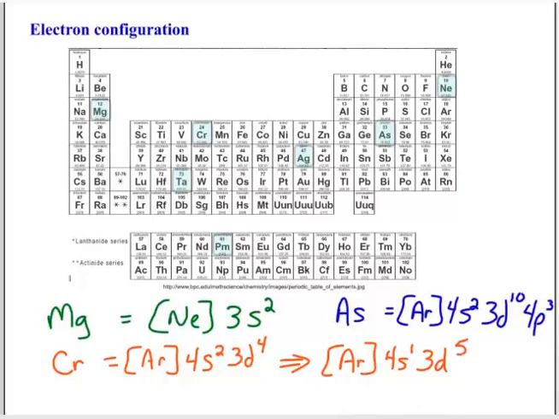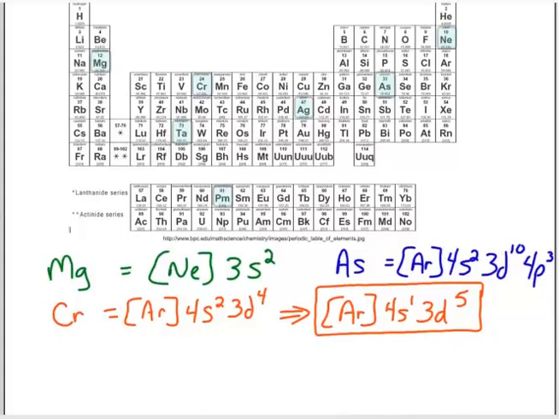So our s orbital is half-filled, our d orbital is half-filled, and we have a very stable electron configuration for chromium. And so this is the accepted electron configuration for chromium. Giving the original one will not get you full credit if you're asked to give an electron configuration for that element or elements also in that group.